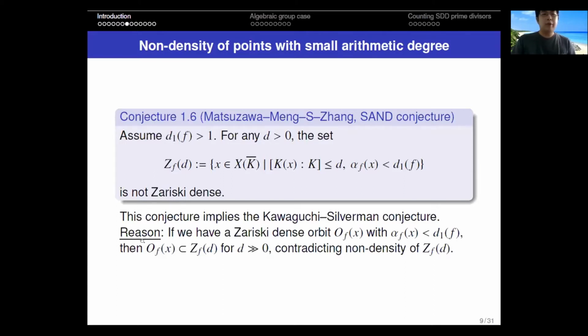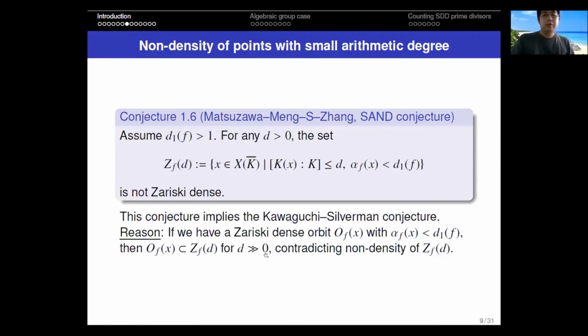So we can bound the whole set of points of the orbit O_f(x) by some degree. And any point of O_f(x) has a small arithmetic degree because arithmetic degree is preserved by iteration of f. So the whole of O_f(x) is contained in some Z_f(d) for sufficiently large d.